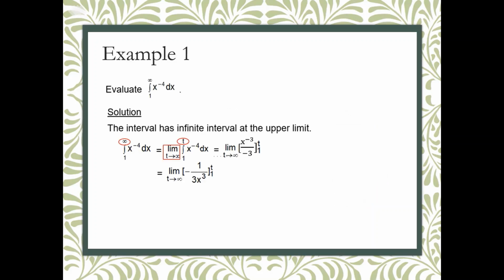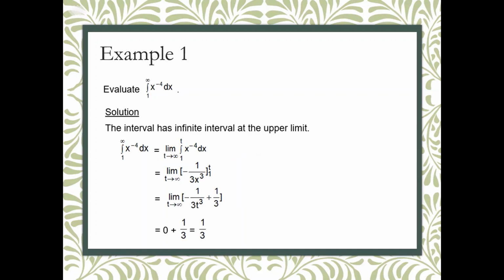Let's take a look at the first example. As the given interval has positive infinity at the upper limit, you need to use the limit of t approaching infinity and integrate the function as usual. Integrate x to the power of negative 4 is equal to x to the power of negative 3 over negative 3, which can be simplified to negative 1 over 3x to the power of 3.